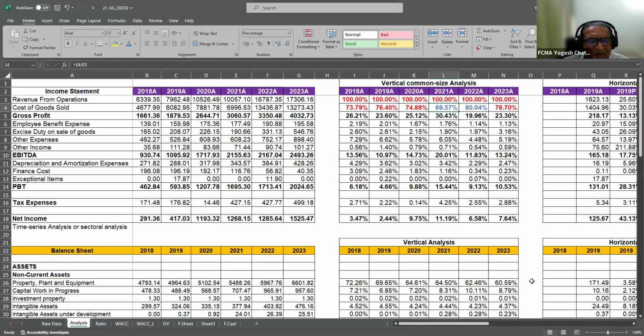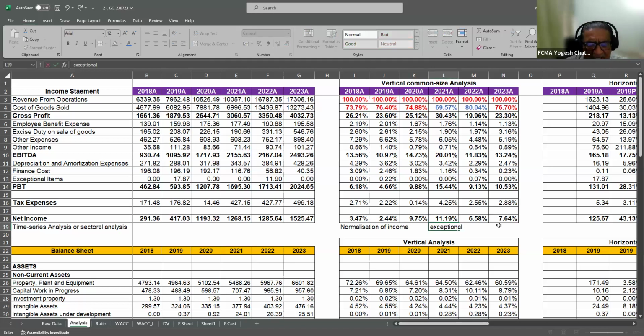We had nationwide lockdown. So very important, before making any projection, you need to do the normalization of income. You need to perform the normalization of income. In that, you need to remove the disparity which comes through the exceptional items.